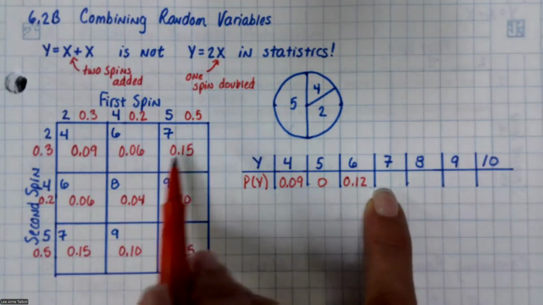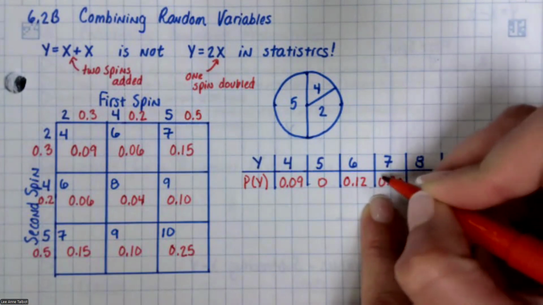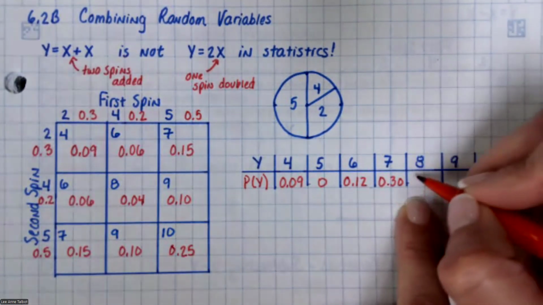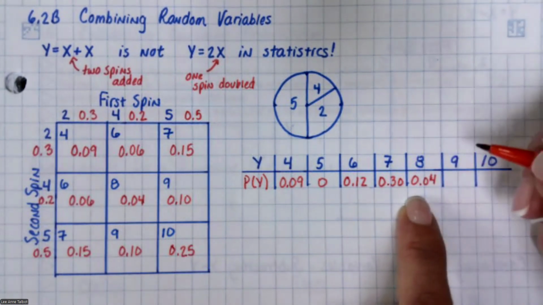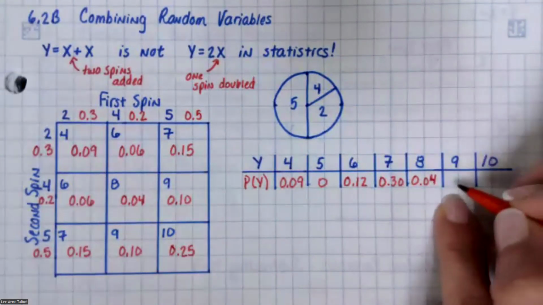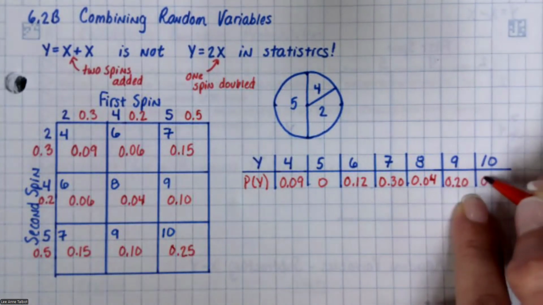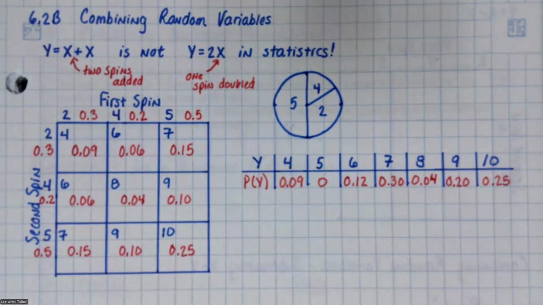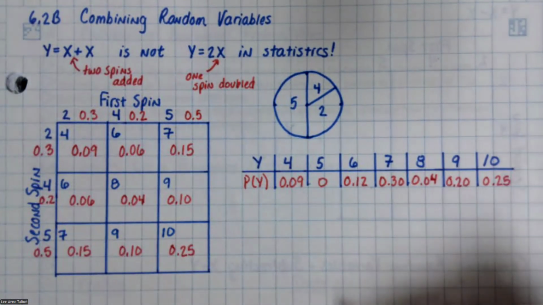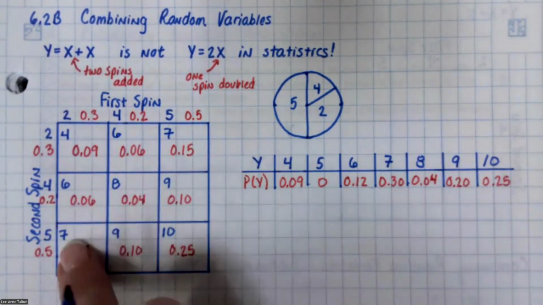Okay, there's 2 boxes that have 7s. 0.04. 1 box for 8. 0.2 for 9. Okay. Because this is 4, 6, 7, 6, 8, 9, 7, 9, 10. There's no 5.